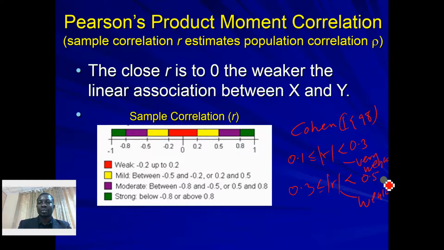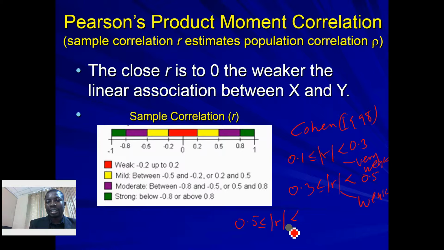Then he also indicated that if you have 0.5 less or equal to R less or equal to 0.7, we should say that this one is moderate.